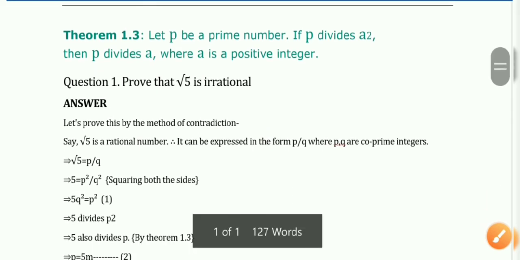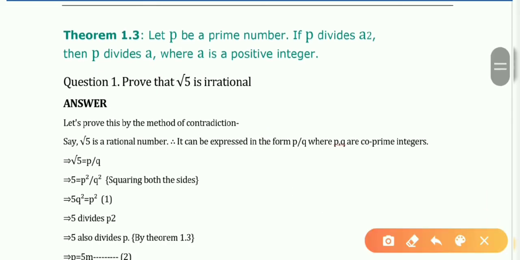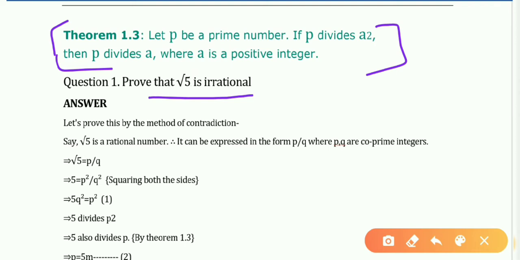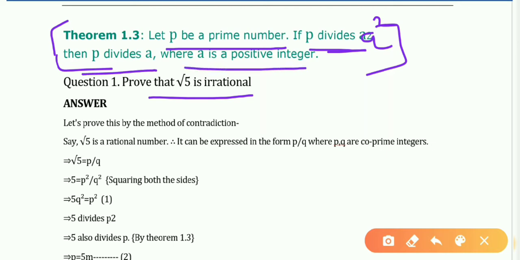Students, before proving, I follow Theorem 1.3 of NCERT because this concept is used in the proof that root 5 is an irrational number. Let us understand the concept. Let p be a prime number, and if p divides a square, then p divides a, where a is a positive integer.